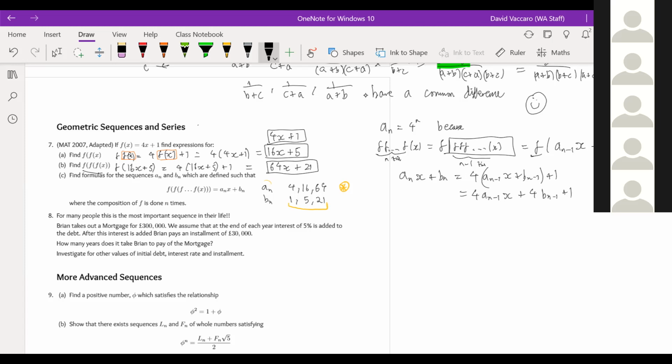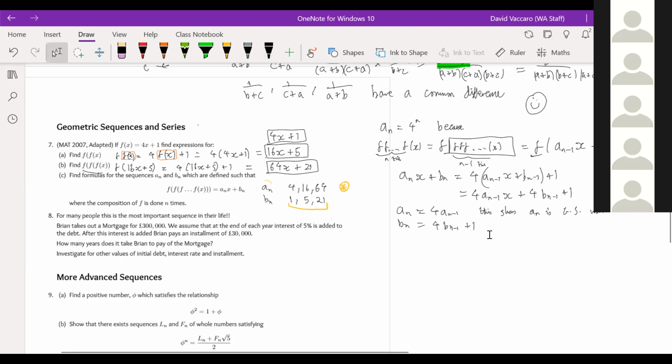Okay, and what we can see if we just look at the x coefficients, an is equal to 4 an minus 1 and bn is equal to 4 bn minus 1 plus 1. Okay, but this first one shows an is a geometric sequence with common ratio 4.